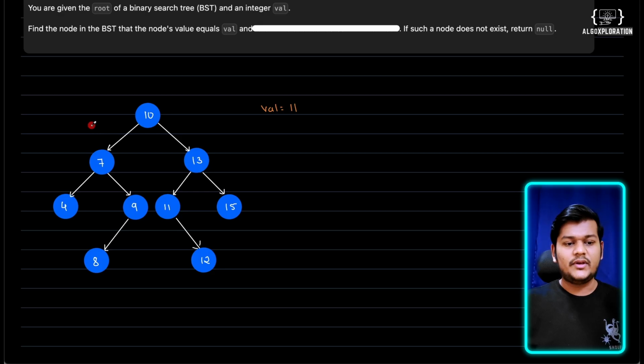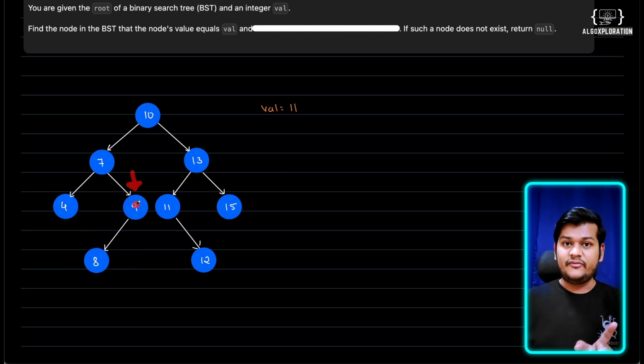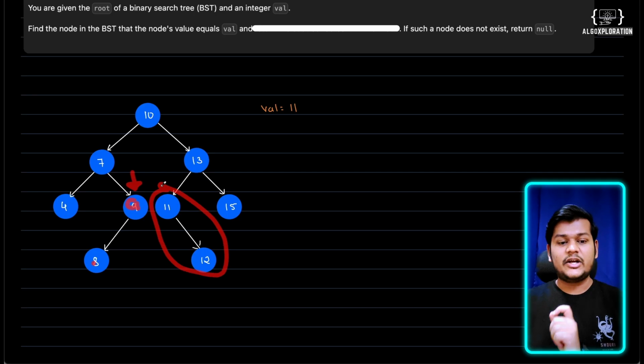So if I'm standing over here, the value on the left side is 4, which is lesser than 7. Similarly, the values on the right hand side are 8 and 9, which are greater than 7. Same applies over here as well. On the left hand side, the value should be lesser than 9, so it is 8. Here also we can see that since 12 is connected on the right hand side of 11, it should be greater than 11.